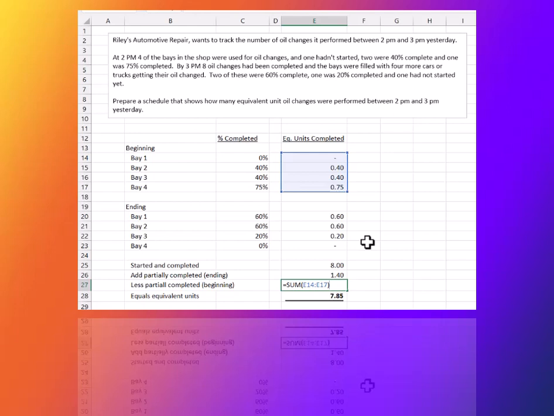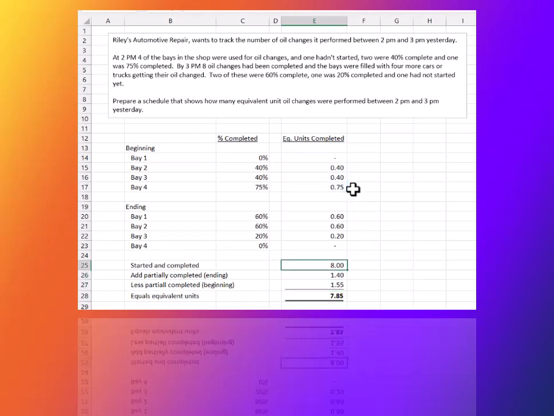Of the 4 that were in beginning inventory, we can't include those full amounts. We have to back off that percent that was completed before the starting time. So that's why we're subtracting the 0.4, the 0.4, and 0.75 here.